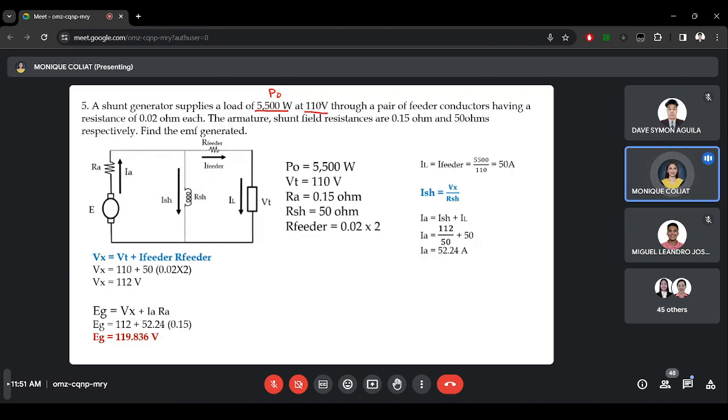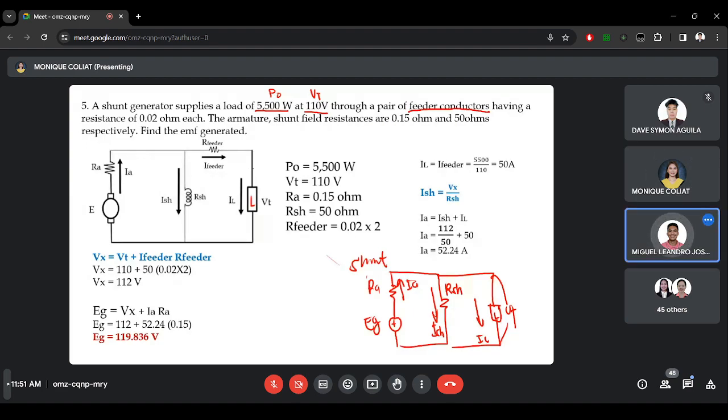Shunt generator ba or short shunt generator? Short shunt po. Okay, so parang naging short shunt generator na siya kasi di ba yung RSE natin sa short shunt generator nandito? To get EG, iba na rin yung pagkuha ng ISH.